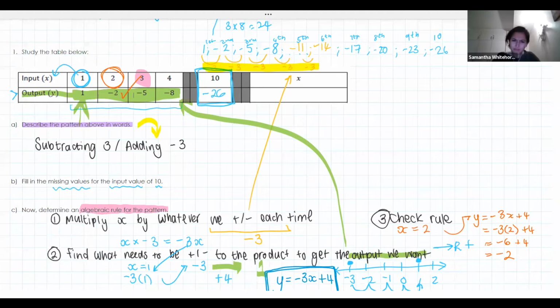Ma'am, there's something I want to ask. Ma'am, we say that the rule is saying subtract 3, but you... You can speak, Nkululeko.